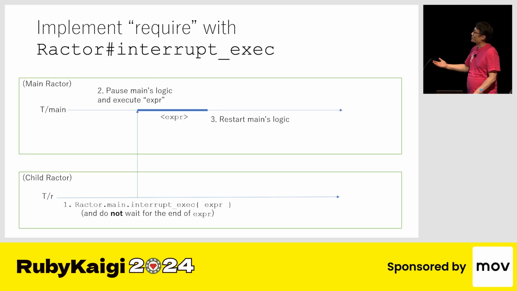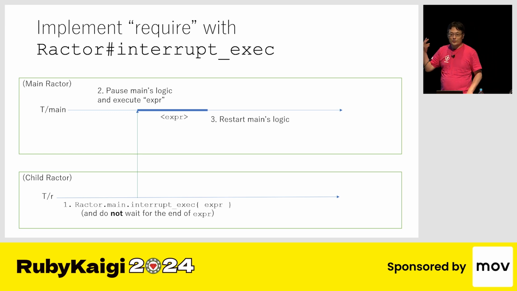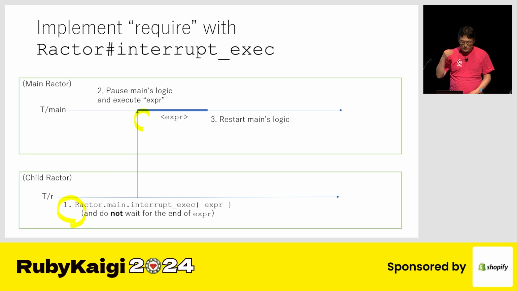This figure shows how it works on two Ractors. At first, the child Ractor calls this method. Then it stops the main Ractor's main thread and runs the expression.